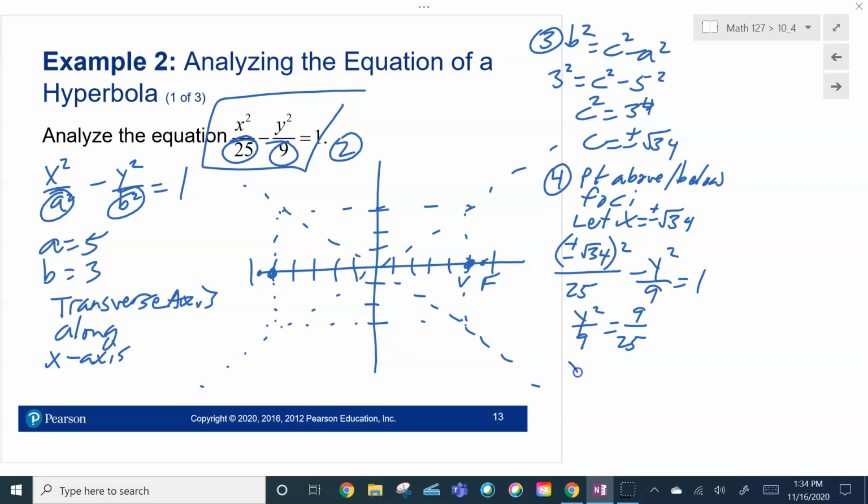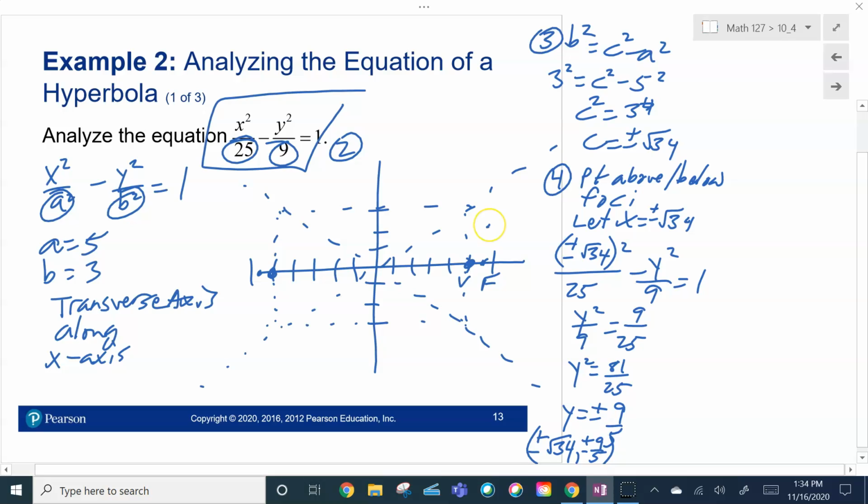Multiply by 9, y squared equals 81 over 25. y equals plus or minus 9 over 5. So 1 4/5 are my points above the axis. So the points are plus or minus root 34, comma, plus or minus 9/5. So root 34 is 5 point something, and I'm up 1 4/5, almost 2 right here.